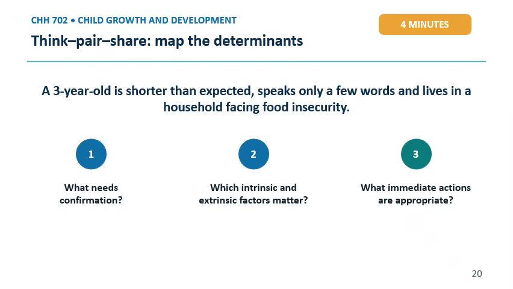The third ask, what immediate actions are appropriate? An appropriate response begins with assessment rather than a premature label. It may include confirming growth status, dietary and clinical review, hearing and developmental assessment, practical feeding advice, connection to nutrition or social support, and a clear follow-up plan.